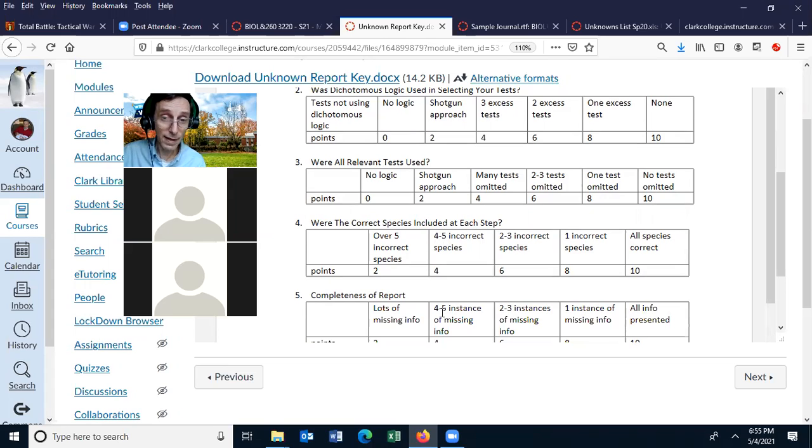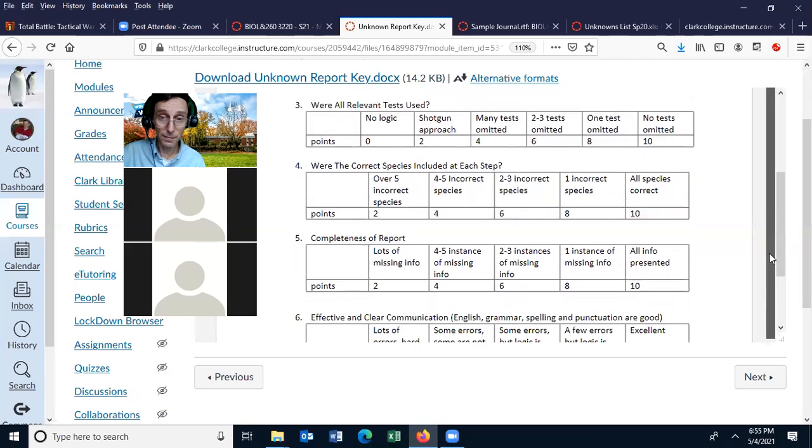And it would be a good thing, although you don't have to state it, you could state each species. There's about 15 of each. Okay? But you should, at the very least, say my unknown is either gram positive or gram negative of the possible species. The completeness of the report.